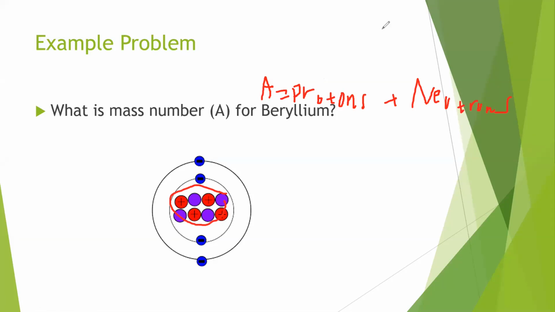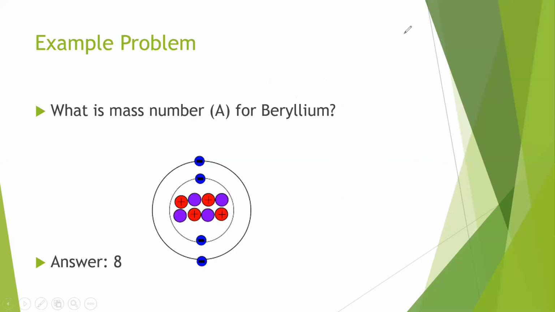We can see the number of protons is 4, and the number of neutrons is 4. And 4 plus 4 is 8. So we write A equals 8. That's how we do an example of it. And the answer is 8.